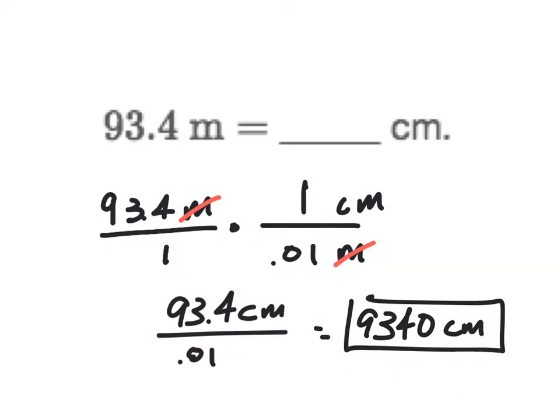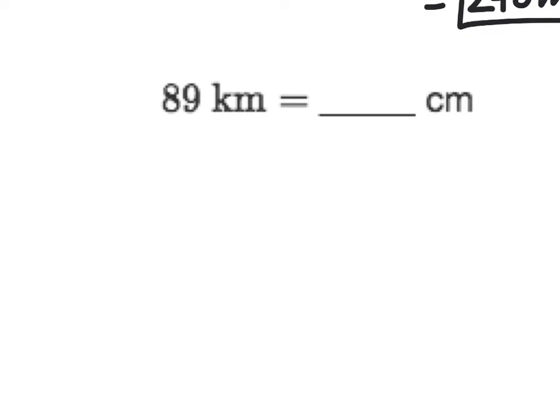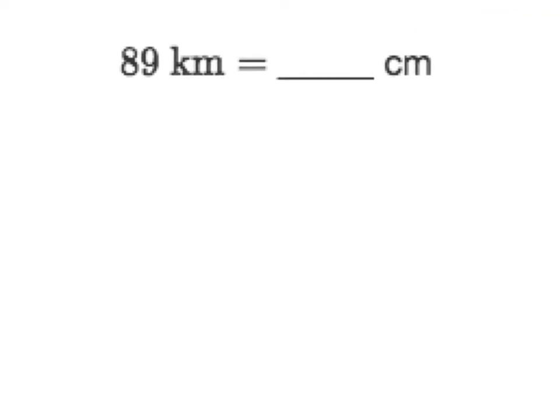Okay. Let's take a look at the next one. 89 kilometers. We're going to put that into centimeters. Think of it like taking 89 miles and converting that into inches. I'm going to take 89 kilometers over 1 and multiply that by something in kilometers.